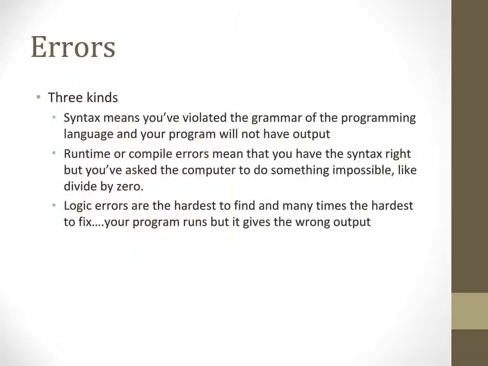The second error is the runtime or compile error. These are not very common, particularly in the things that we'll be doing in this class. What happens is you have the syntax right, but you've asked the computer to do something that is impossible to do. And the most common example of this is you're asking the computer to divide by 0, which is mathematically impossible.